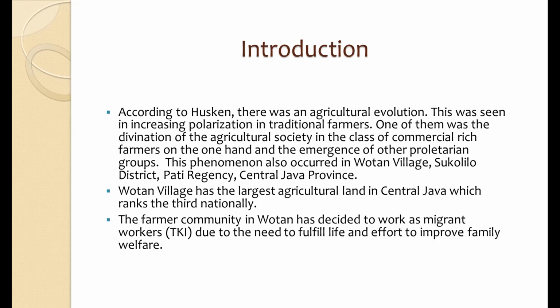They had a socio-economic institution that was full of goodness and simplicity, where there was a subsistence guarantee of life for smallholders and farm laborers from rich farmers through a pattern of employment relations in agriculture.